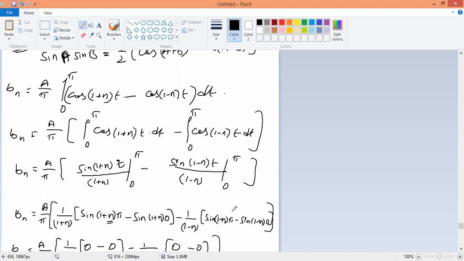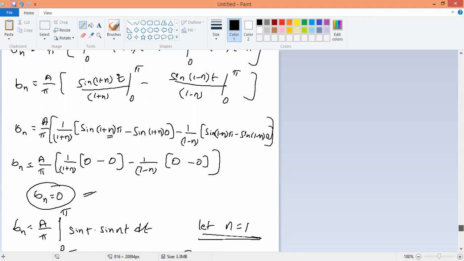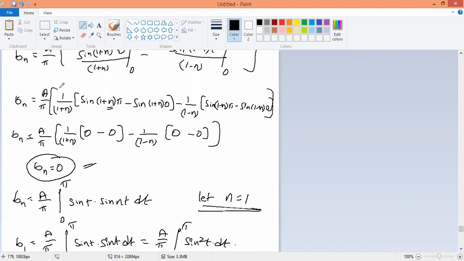Now, pi and 0 substituting in this equation. What is the sin (1 plus n)pi value for all values of n? 0. Next, what is the sin 0 value? 0. So 0 minus 0. Next, minus 1 by (1 minus n) into sin of (1 minus n)pi value, for all values of n this value is also 0, minus sin 0 value, which is 0.